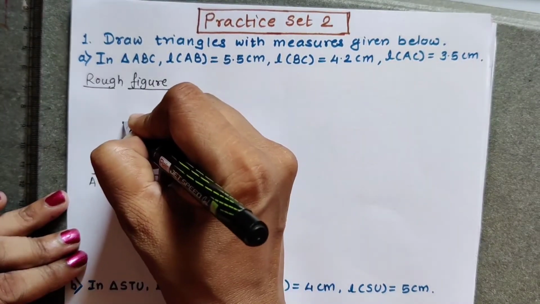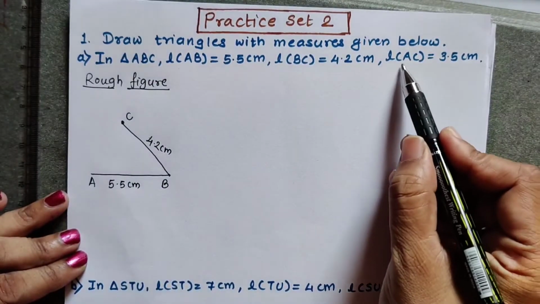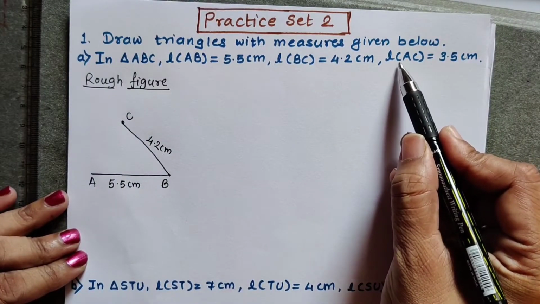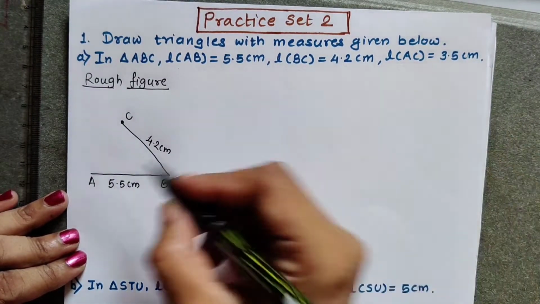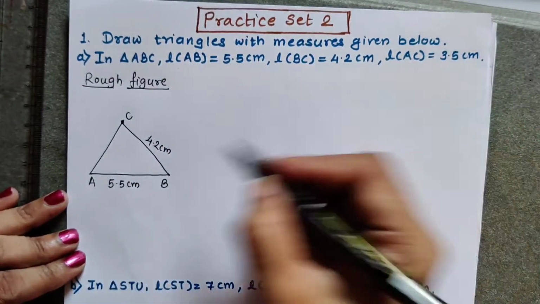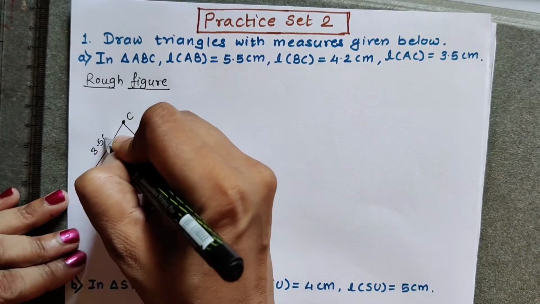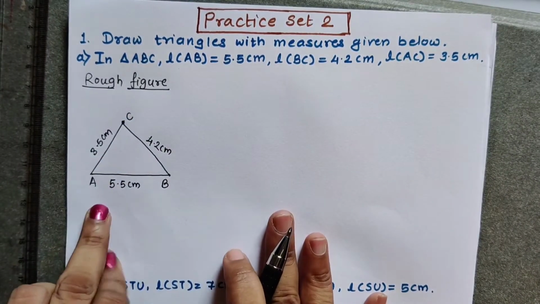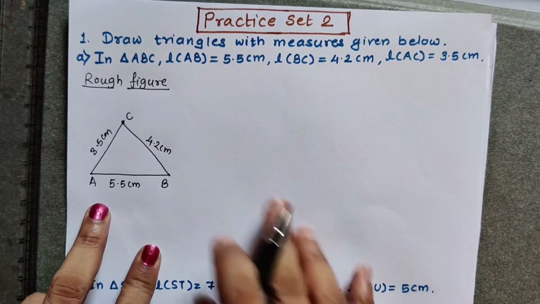From B to C the distance is 4.2, and then the third side, length AC, is equal to 3.5. We join A and C, and the A to C distance is 3.5 centimeter. In this way you can draw a rough figure of any triangle.